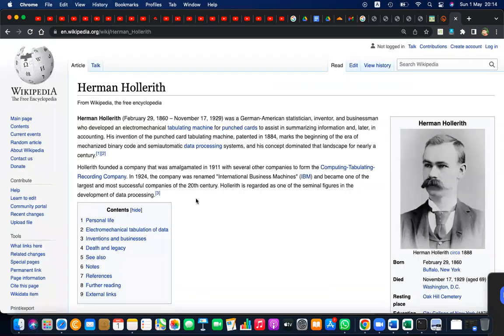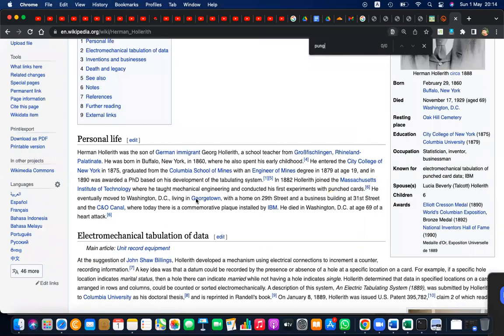His first experiment was with the punch card, right? This is in the 18th century.